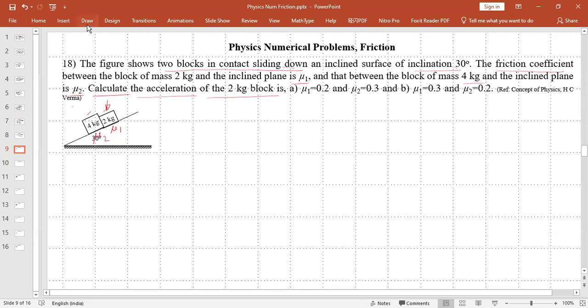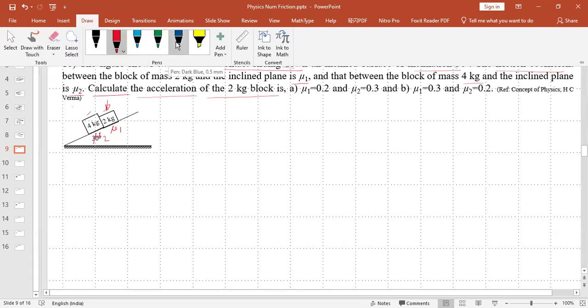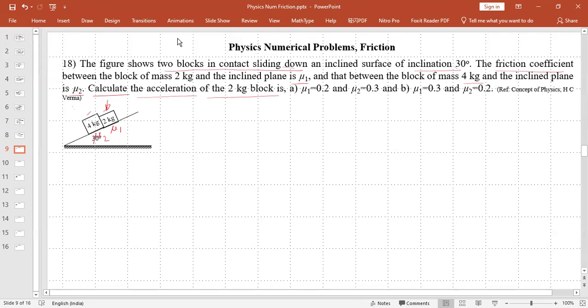Now, before coming to this problem, I want to touch upon a little part of the theory. Let's revisit the theory. You don't have to write down the theory when you solve this problem.